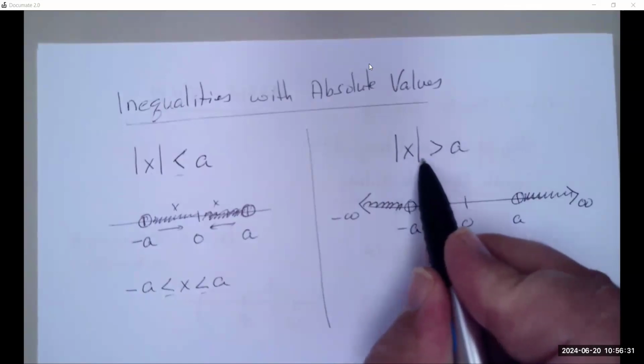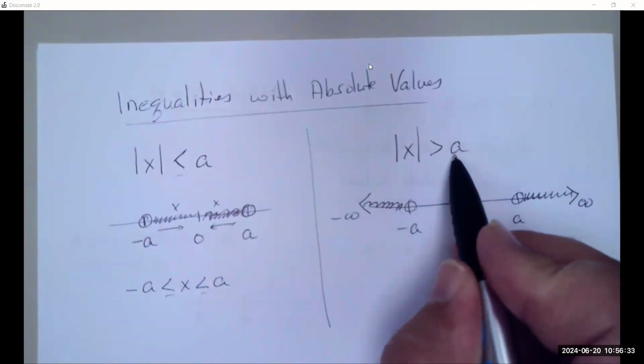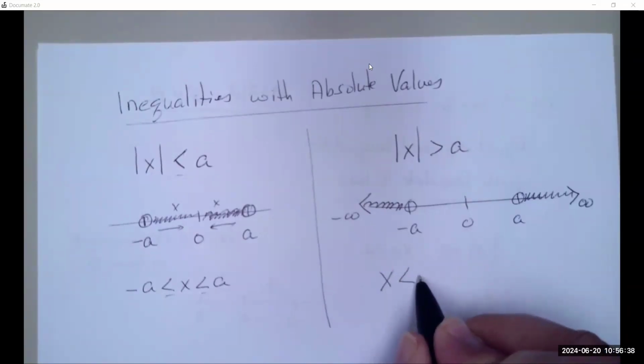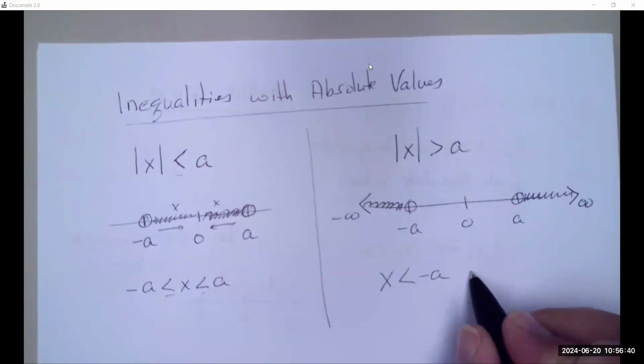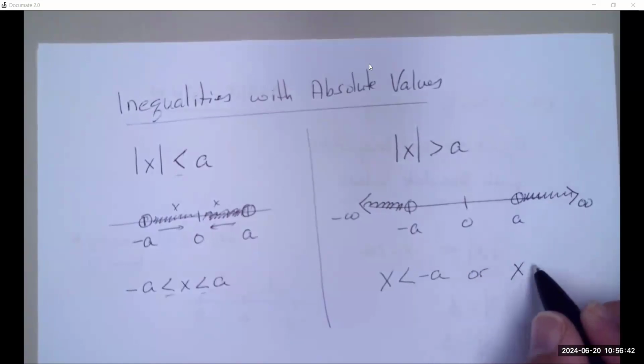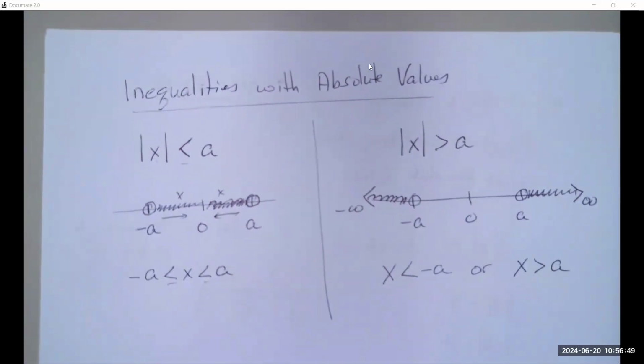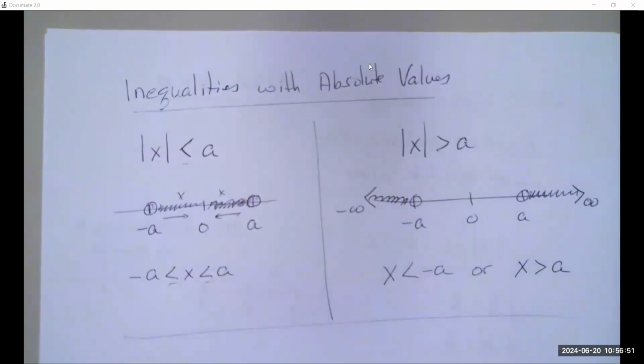So if I have the absolute value of x greater than a, then what this means is x is less than negative a, or x is greater than positive a. So those are our rules.